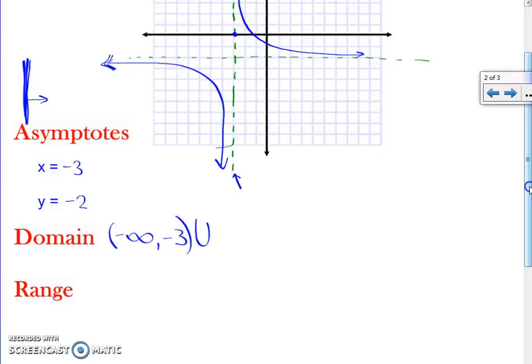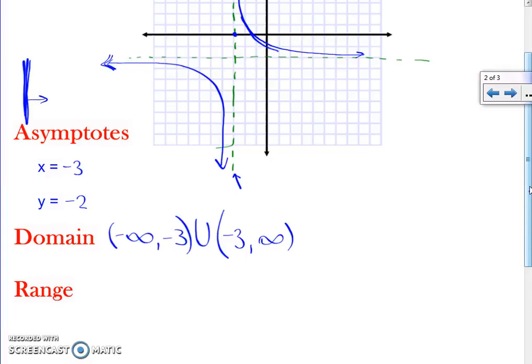Then there's going to be a gap right on -3 because the graph is never going to touch -3 anywhere, correct? Even the one on the right-hand side will never touch it. What does it start up again at for this second blue curve up here? It starts at -3 again, and it goes to infinity. So there's always going to be this jump over whatever the asymptote value is.